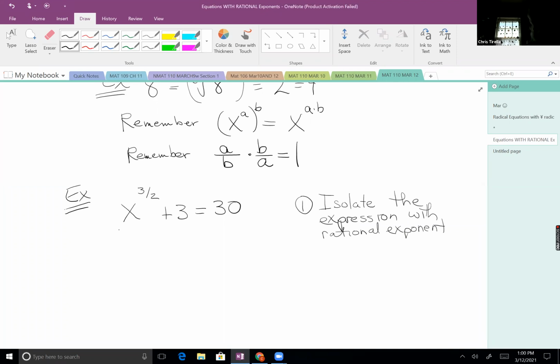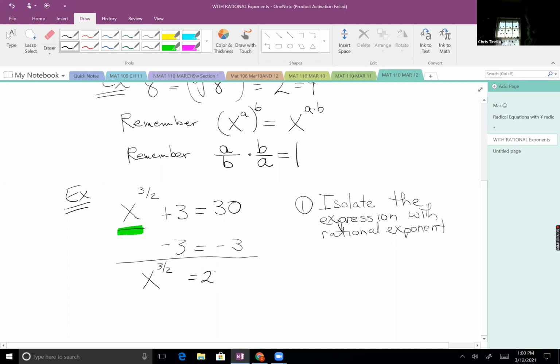And so that in this equation would be the x to the 3/2. So I want to get that part alone. Is everybody all right to do that? We subtract 3 from both sides. And I get x to the 3/2 equals 27.